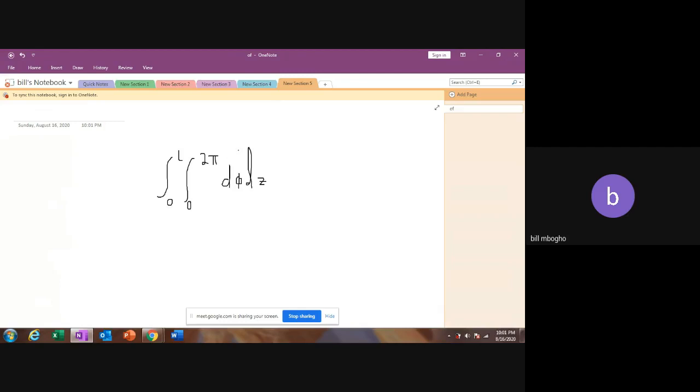When you do the first integral, you just get 2 pi. So now our integral becomes 2 pi times the integral from 0 to L of dz.